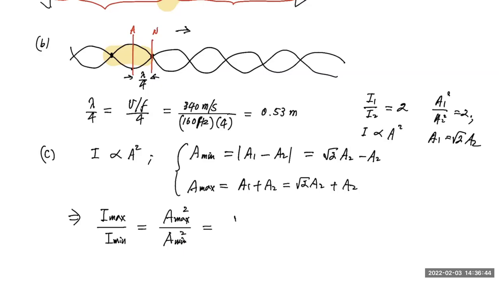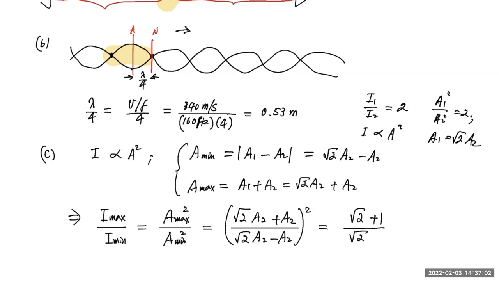For A maximum I have square root of 2 A2 plus A2, and then for A minimum I have square root of 2 A2 minus A2, but don't forget the whole thing has to be squared, and that is the same as square root of 2 plus 1 over the square root of 2 minus 1, and you just have to square that. Okay, and then you get whatever value. That is the intensity ratio.